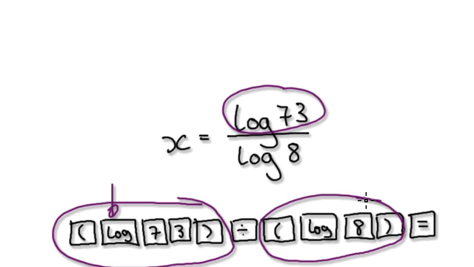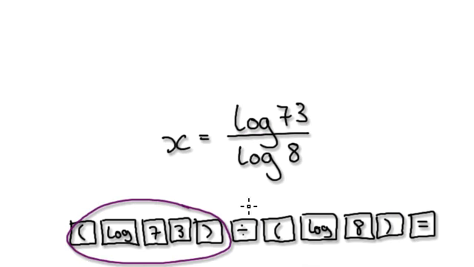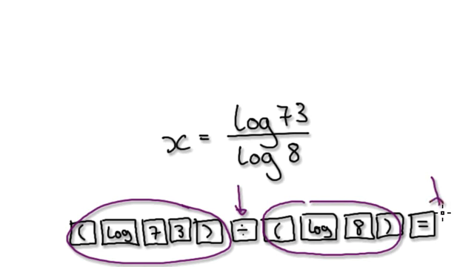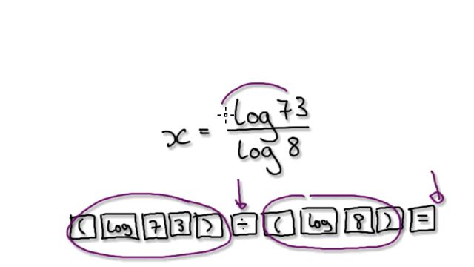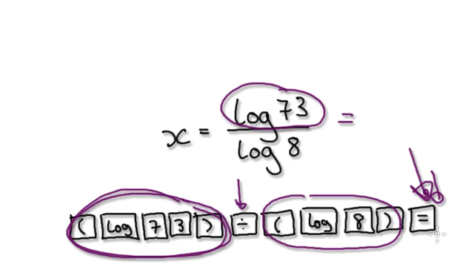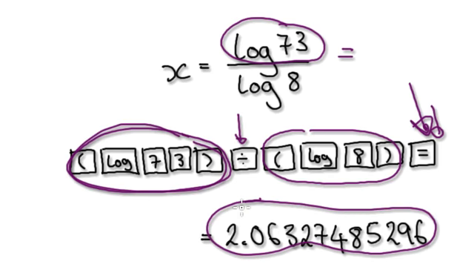What I'm trying to say is don't round it off. Keep everything in your calculator and press equals right at the end, rather than working it out and rounding off to 2 decimal places. You see, this here is a much more accurate answer.